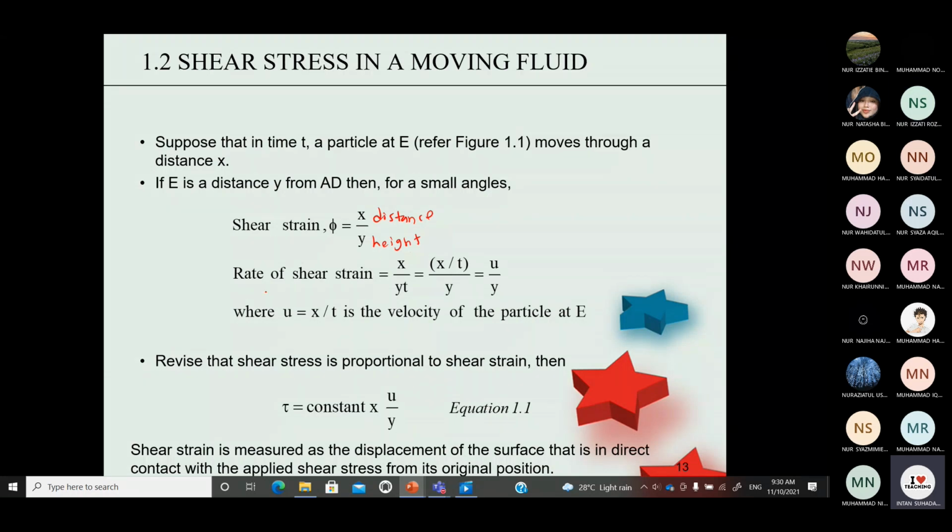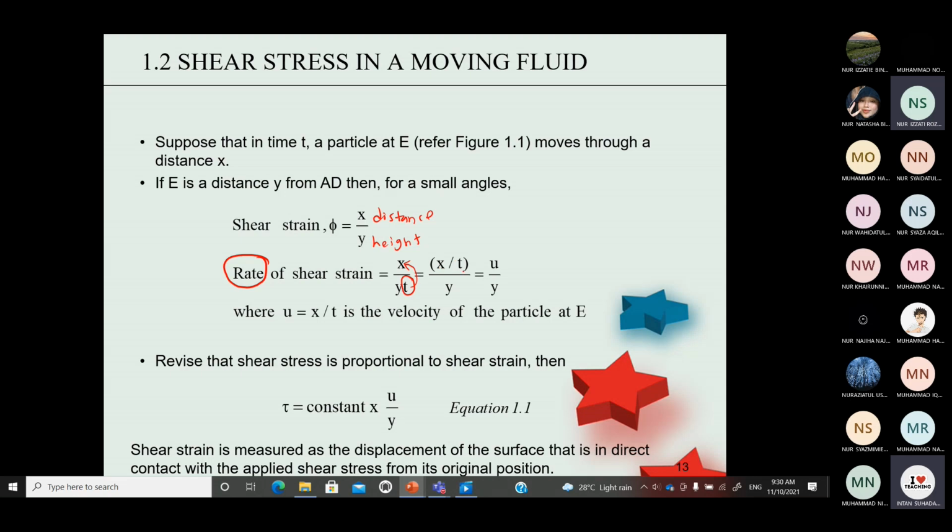Okay. So a rate of shear strain, when we say rate, it must be connected with time. So the shear strain is x over y. So when we say rate of shear strain, we must have a component of time, right? So this one just brings t, bring the time up here.